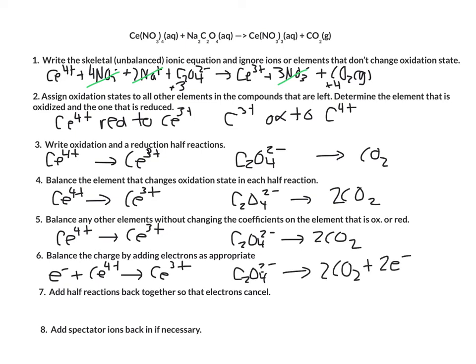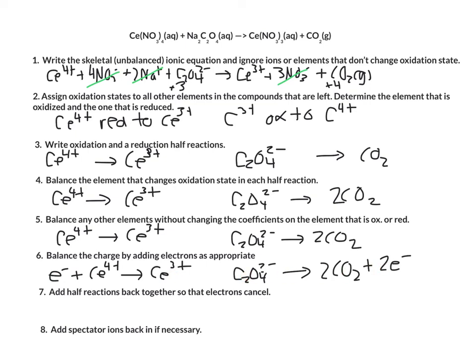Now the last thing to do is to add the half reactions back together so that the electrons cancel. So when I do this, I am going to need to multiply this equation by 2, because I need to have 2 electrons on the reactant side to cancel the 2 electrons on the product side over here. But I can't just multiply the electrons, I have to multiply the whole thing. So if I multiply the electrons, I have to multiply the cerium to keep everything balanced. So I multiply the whole thing by 2, and then I add it to this one, and then the electrons will cancel.